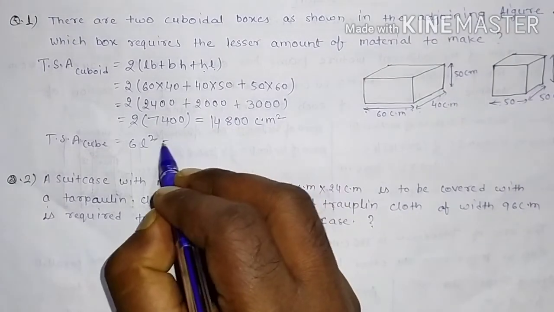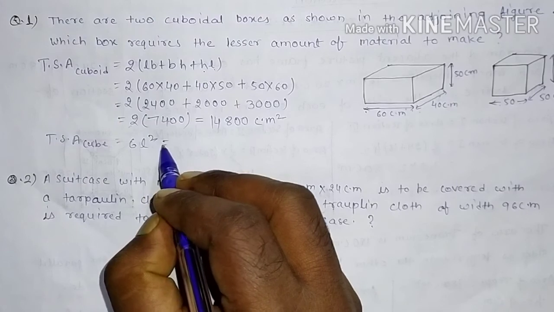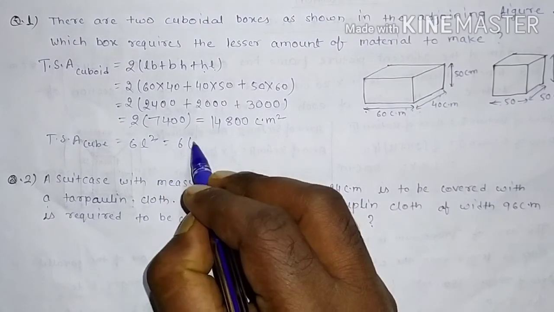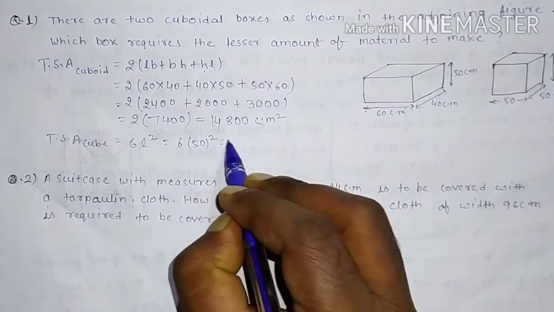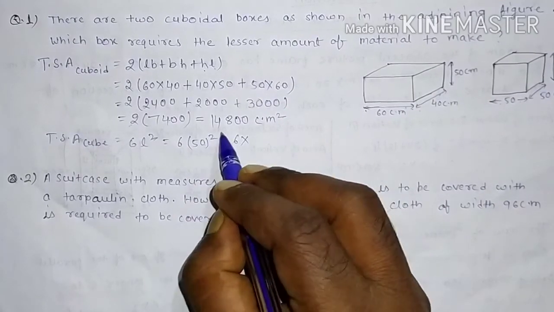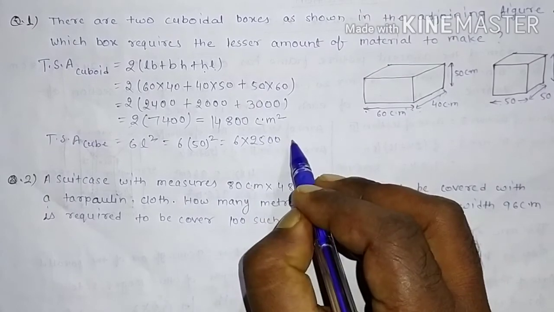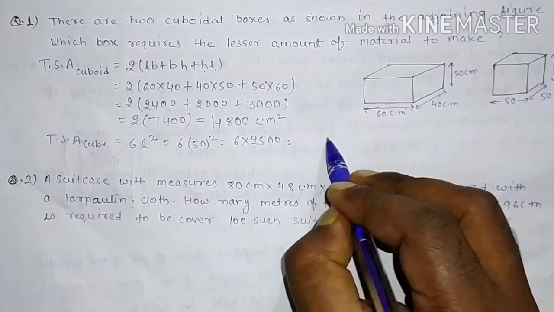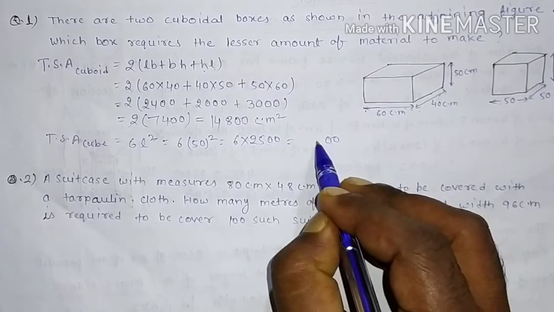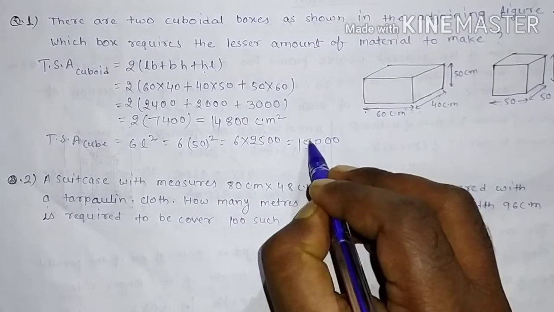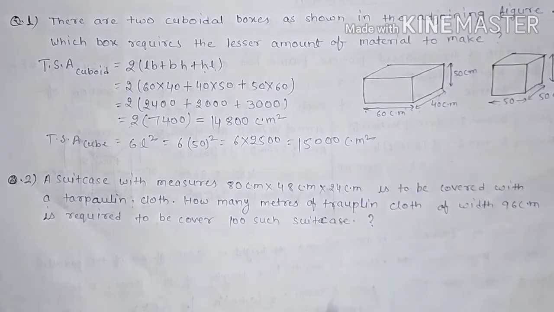So 6 into 50 square, that is 6 into 2500, which is 15,000 centimeter square.